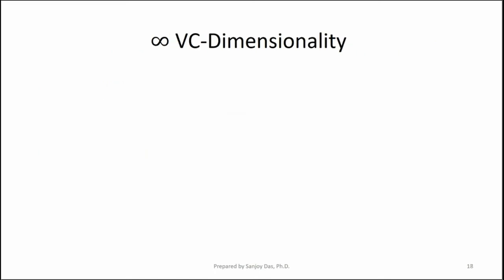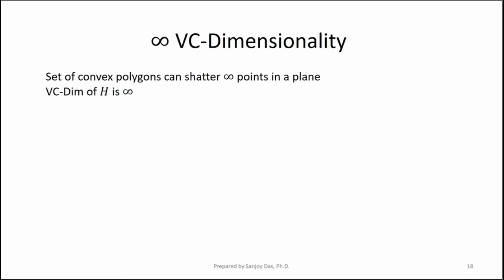Now, is it true that some sets of hypotheses can have infinite VC dimensionality? The answer is yes. The set of all convex polygons can shatter infinite points in a plane.